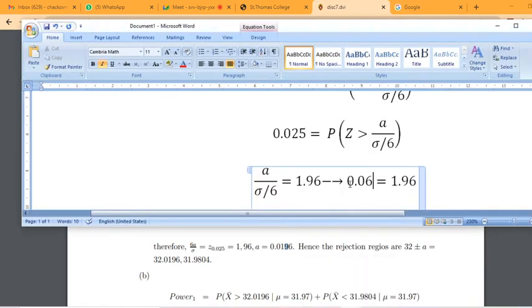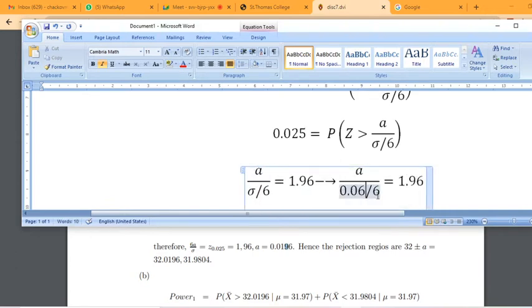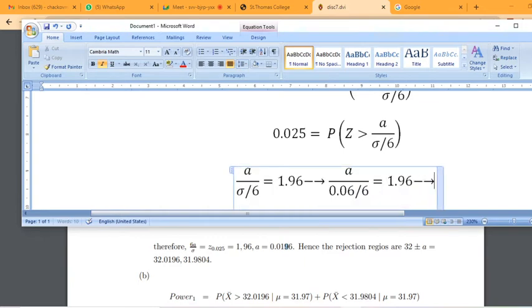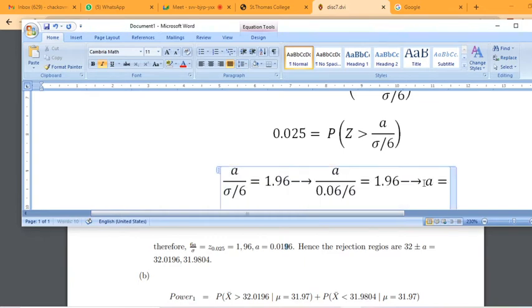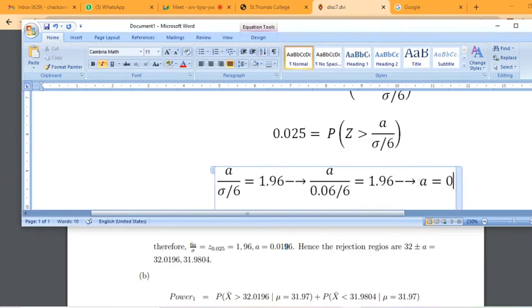So this one is 0.06. Okay, from this we get the value of a equal to, after simplification, 0.0196.